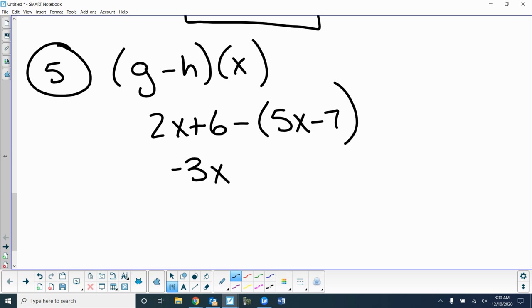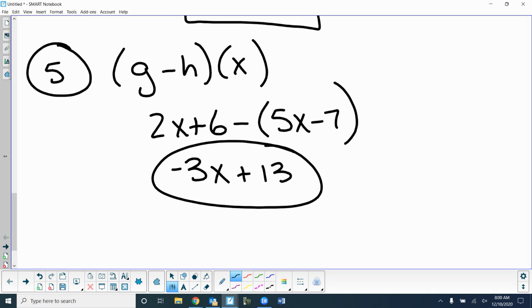And then it's going to be 6 minus a negative 7, which means I'm going to actually add 7 and get 13. All right, so that's where we make a mistake once in a while. We forget minus a negative is addition. Okay, so I usually put parentheses around that second one if I'm subtracting, just to remind me of minus a negative.